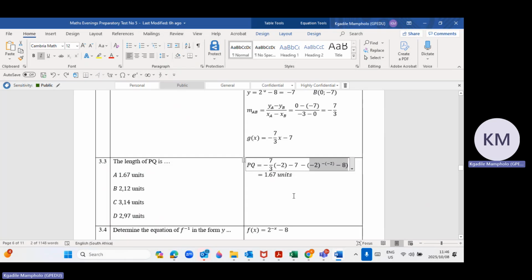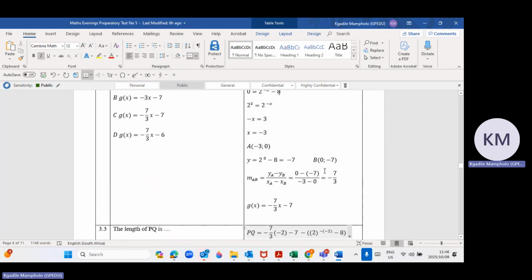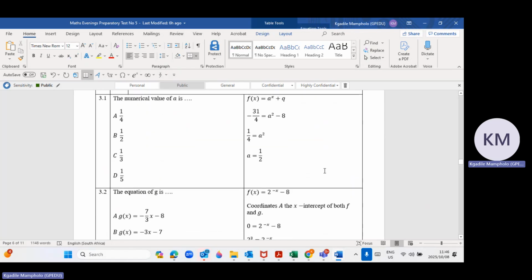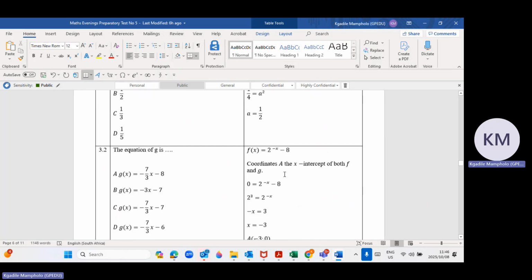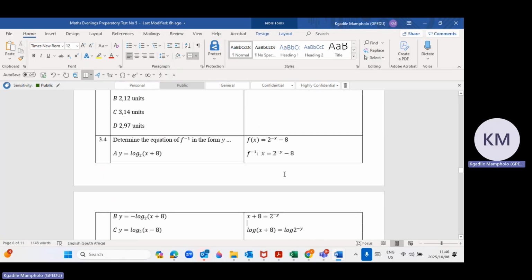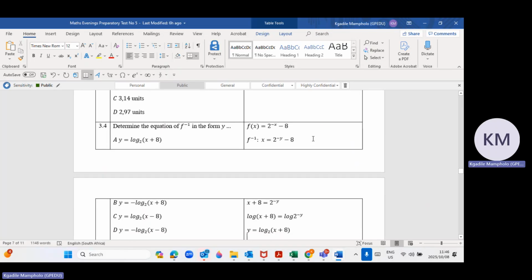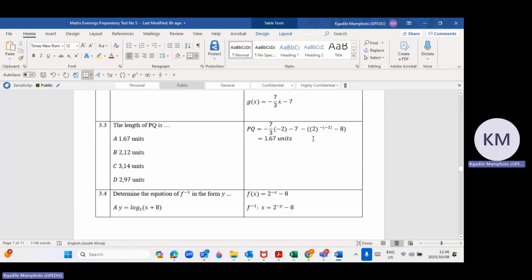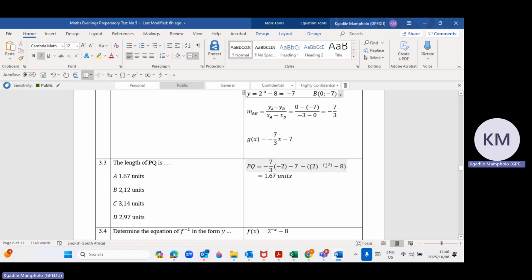Remember our equation of the exponential. We know that when we were calculating the equation, a was half. Half is the same as 2 to the power minus x. So it will be 2 to the power minus x minus 8.